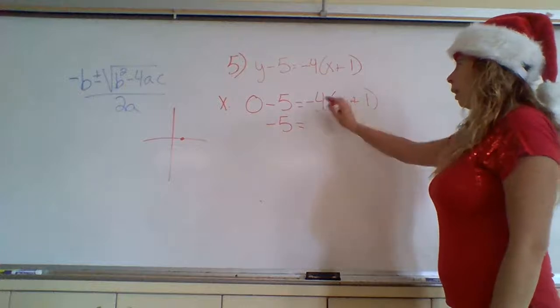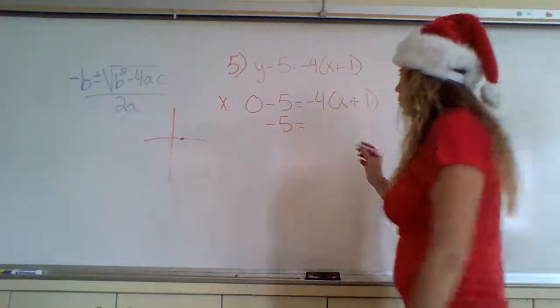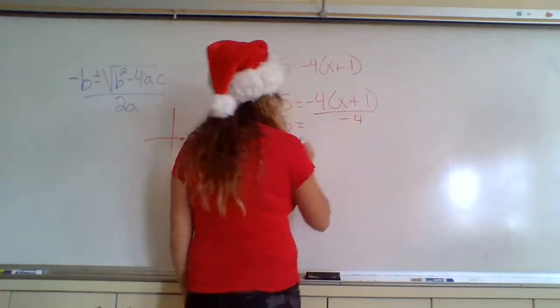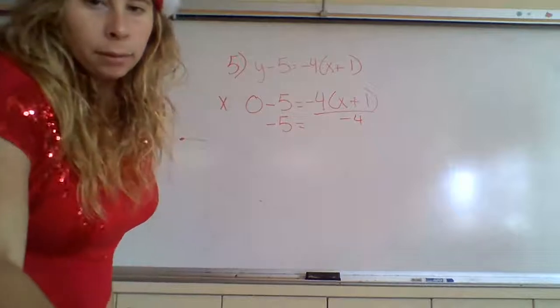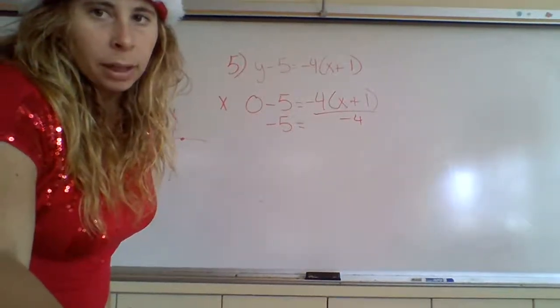You can also distribute it and then work with it. I guess I'll divide by negative 4. So we're going to divide both sides by negative 4. Wait, is it negative 4? Did I write that down right? Yes. Okay.